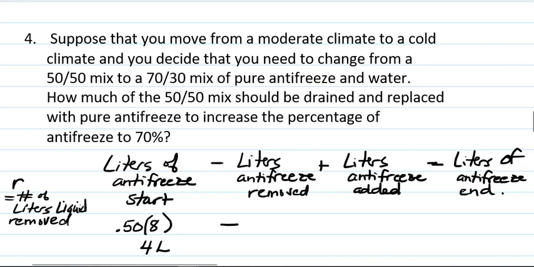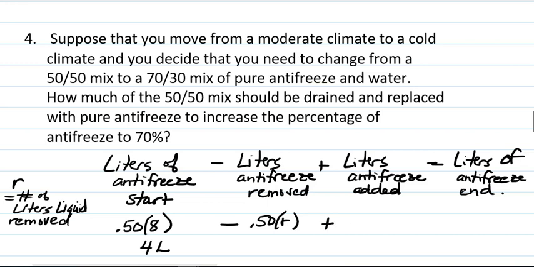So if R is the number of liters removed, how much of that is actually antifreeze? Well, since we're removing a 50-50 mix, what we're removing is 50% of R in liters of antifreeze. So let's say, for example, we end up taking out 2 liters of liquid. That's actually just 1 liter of antifreeze since it's a 50% mix.